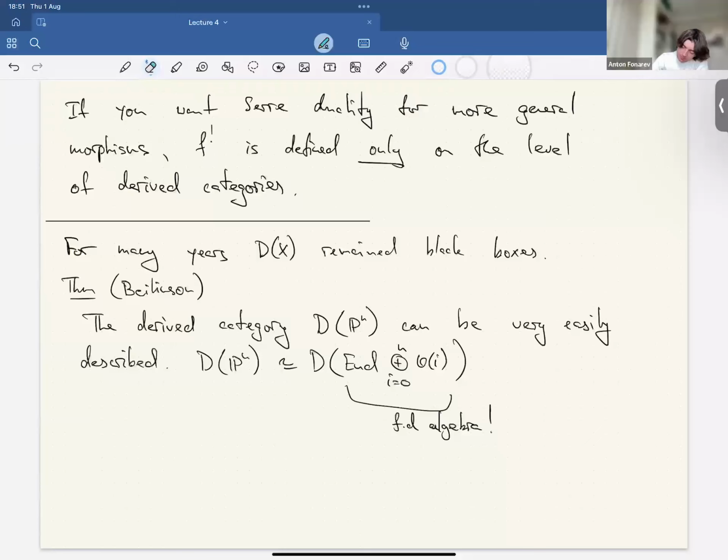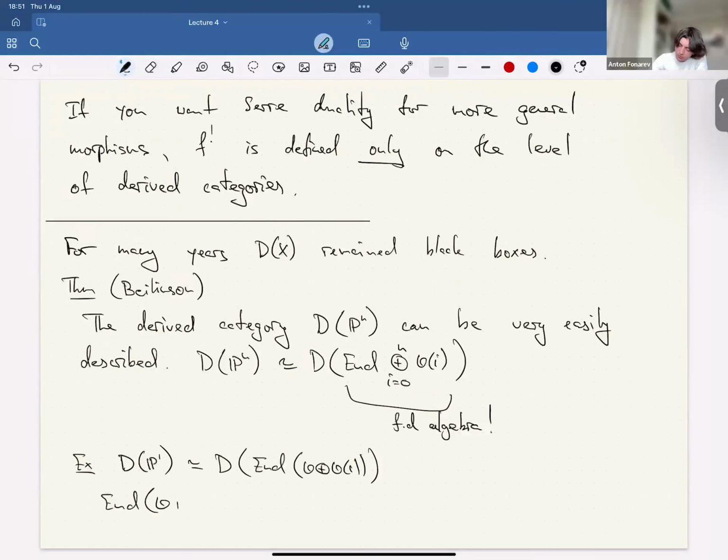Here's an example. The derived category of P^1 is equivalent to the derived category of the endomorphism algebra of O plus O(1). And what is this endomorphism algebra? Well, it can be written as the path algebra of the following quiver. Let's look at the morphisms.